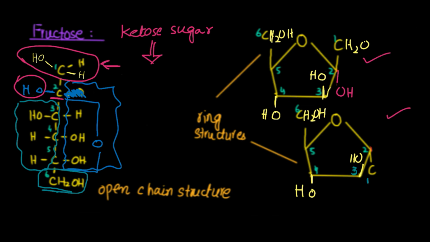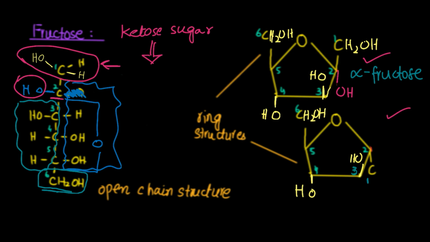CH2OH. Now this thing that we just formed is given a special name. Similarly to glucose where we have OH downwards, in this case we also have the OH below the ring, so we call it alpha fructose.